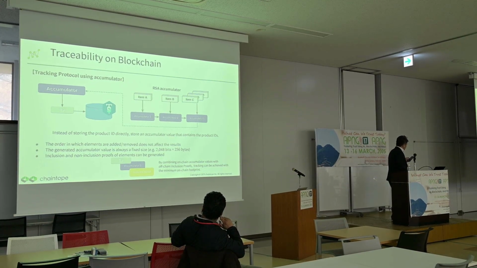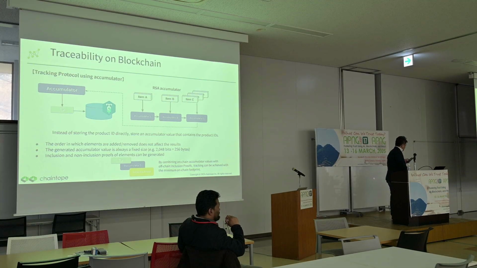When we record the movement of items A, B, C, we calculate the accumulator value by adding them together. Instead of storing the product IDs directly, we store an accumulator value that contains the product IDs.